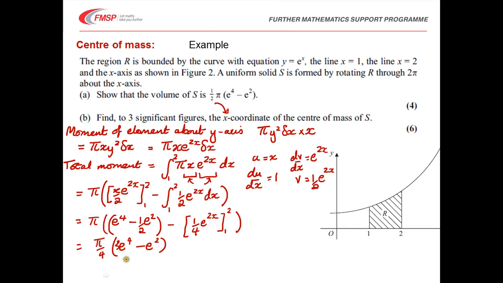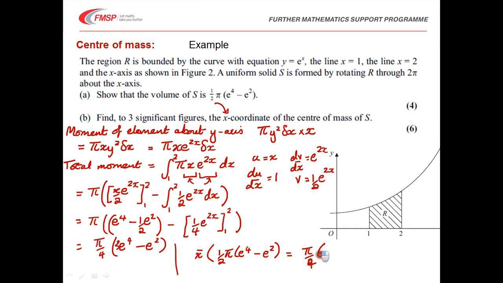Okay, so that's the total moment for all of the elements about the y-axis. So now I can equate my two total moments. I know that x bar times the volume, which we calculated in the first part, that's the moment of the whole object. That's going to be equal to the sum of the moments of all of the little objects.